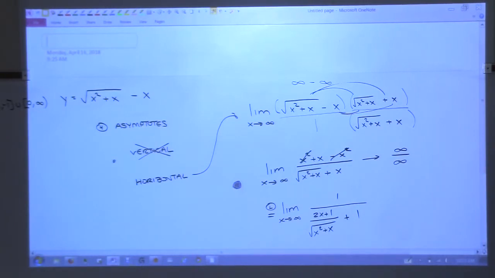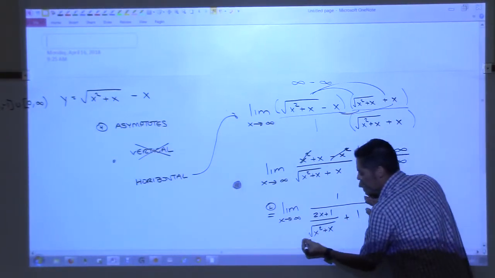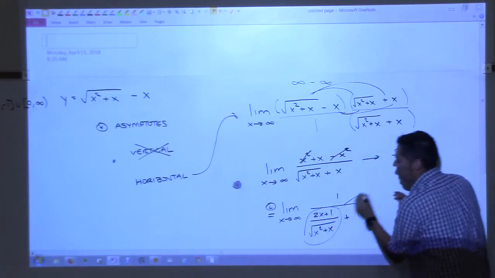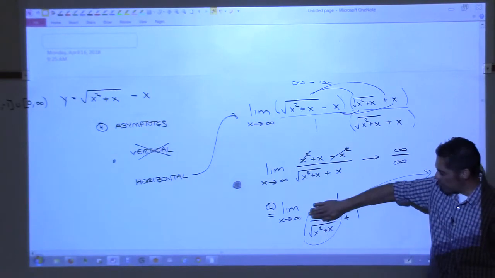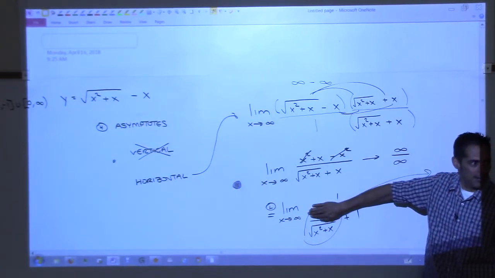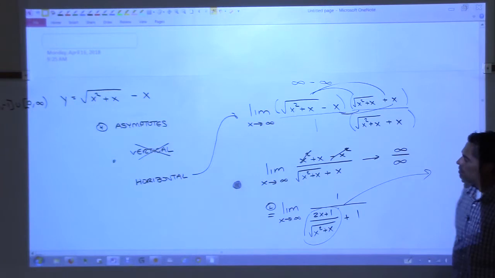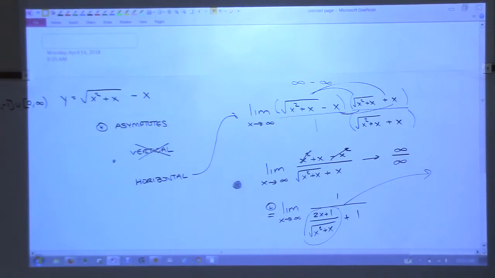I don't feel like doing L'Hopital again. What I'm saying is we could just take this over to the side as its own problem and do that limit and do L'Hopital again. But I have a feeling that it's not going to get any nicer. It's going to keep on spitting out the same thing. When I do the derivative of the bottom, I'm still going to get the same thing every time, right? So maybe not. Okay. What else can we do?